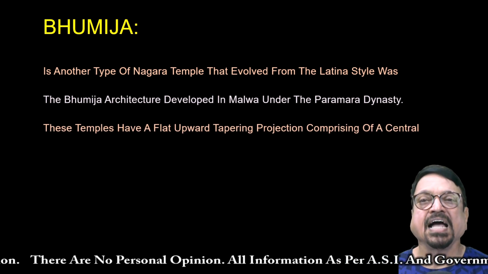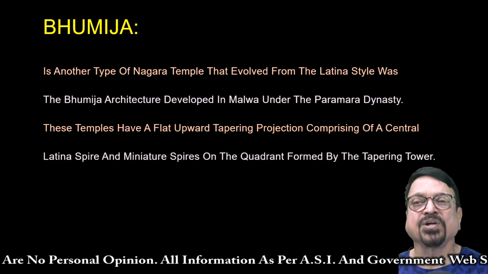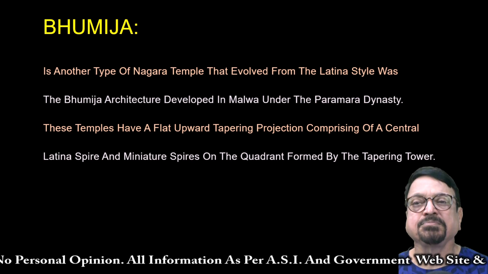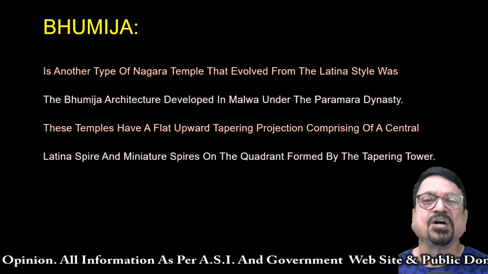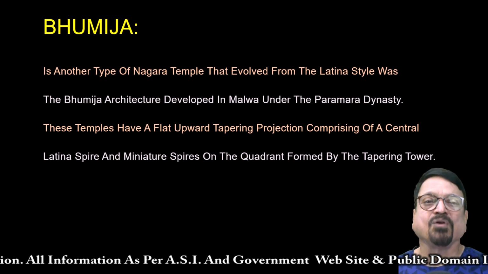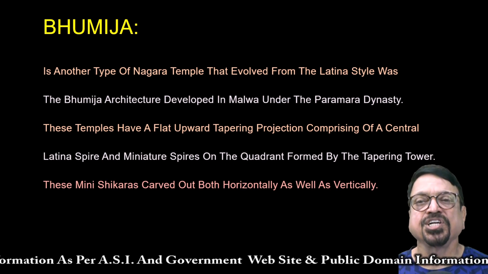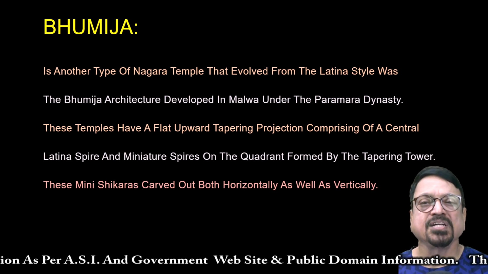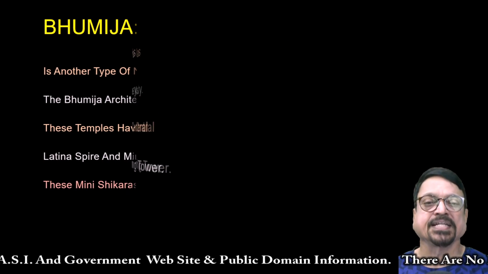These temples have a flat upward tapering projection comprising of a central Latina and miniature spheres with quadrants formed by the tapering towers. These mini shikharas curve out both horizontally as well as vertically. In both directions you can see them.